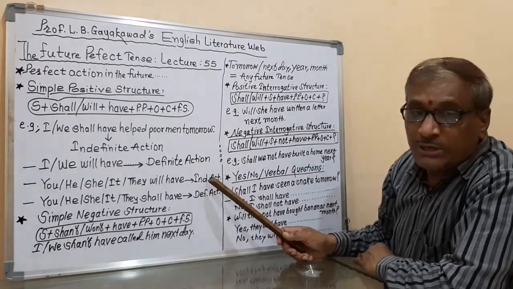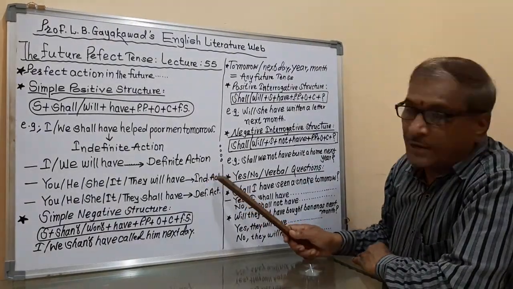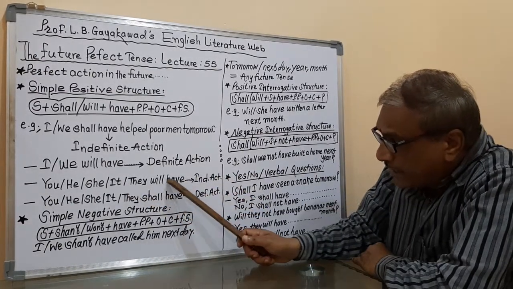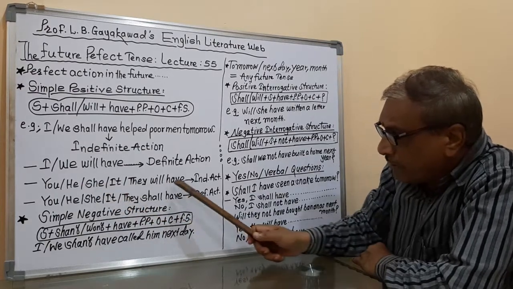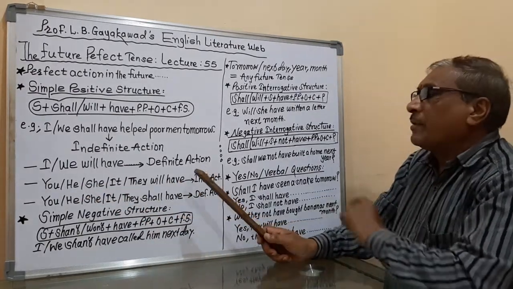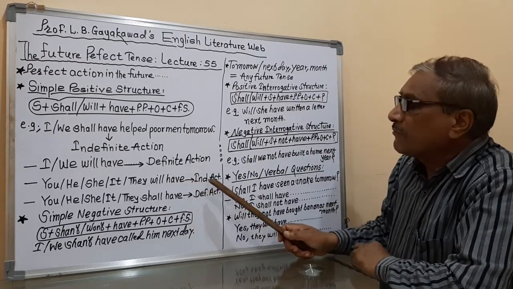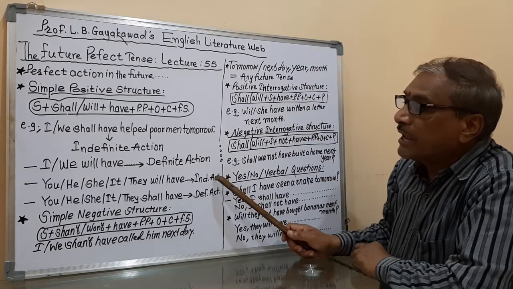Indefinite action, not indirect, please. Because we use it like this: they will have, it will have, she will have, he will have, you will have. When such sentences are there, then we say that these are the indefinite actions.